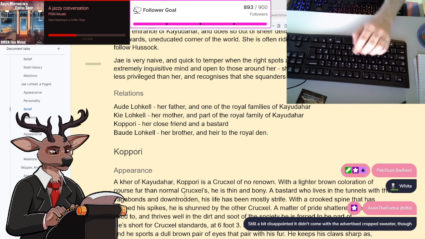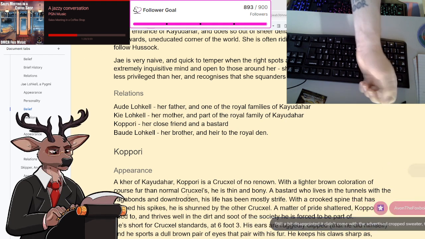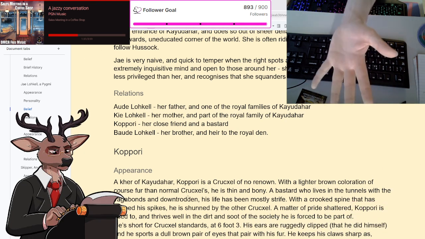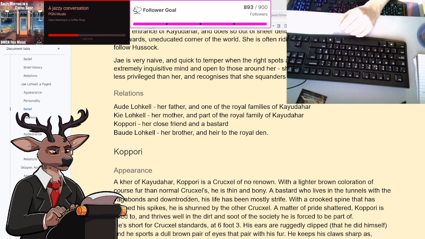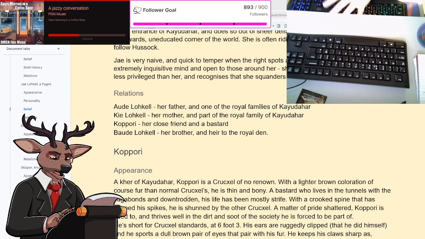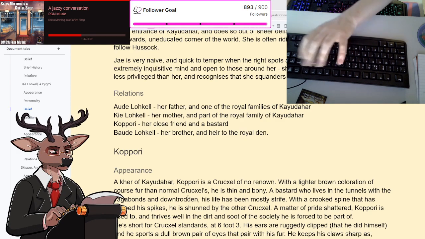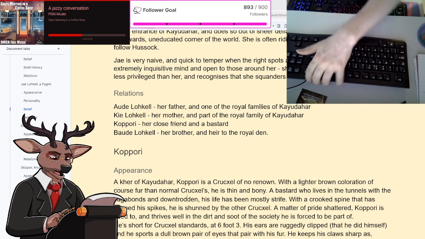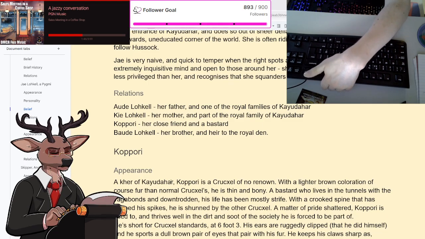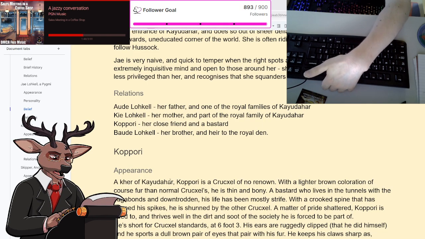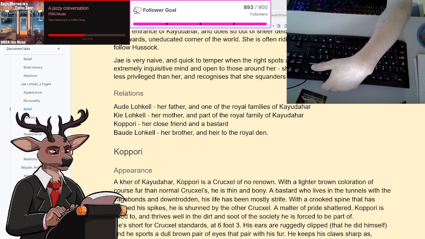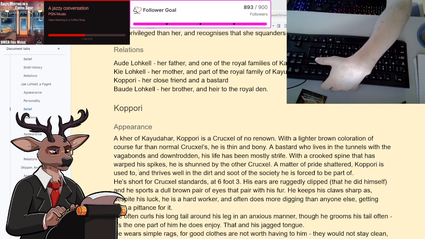I'm very white. The power of a sun, come here with the power of the sun, versus here. God, look at my veins. Gross. Still a bit disappointed it didn't come with the advertised cropped sweater though. That's very cute. That's a shame.